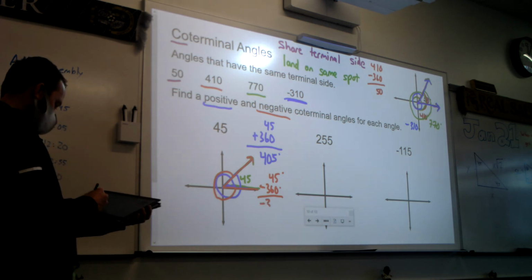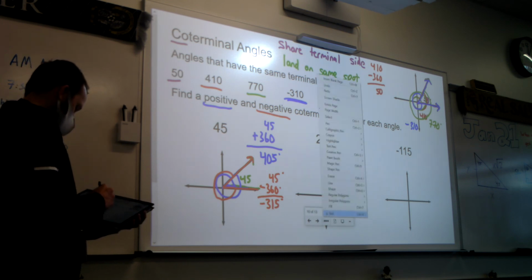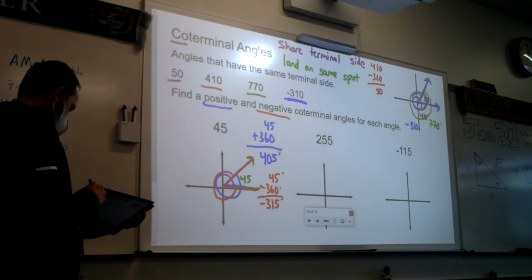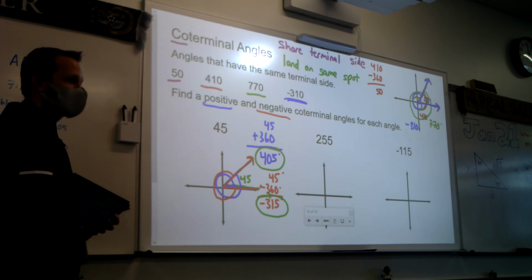That's negative 315. So 405 is a positive coterminal angle to 45, and negative 315 is a negative coterminal angle to 45.